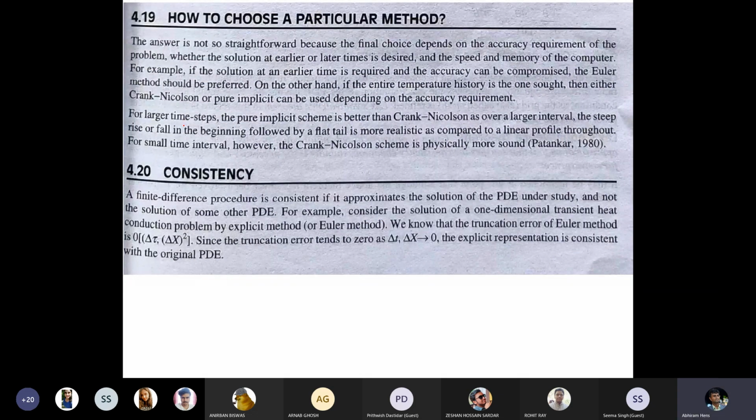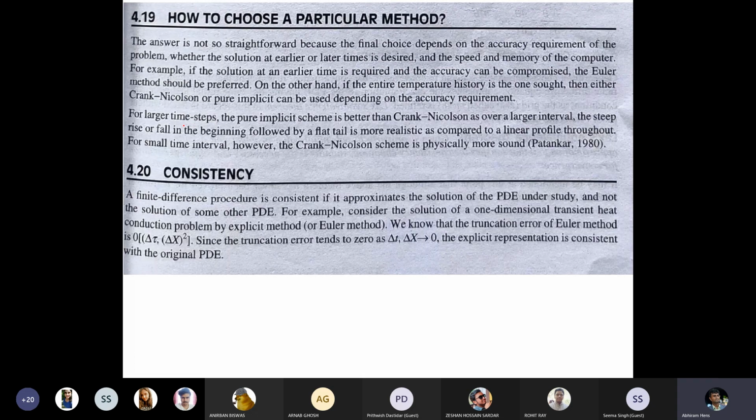Now, this is the part of the book on how to choose a particular method. You may ask which method to choose. Again, there is no hard and fast guide for that. It depends on the situation, what kind of problem you are handling, and what your need is. Based on your need, you take the decision.